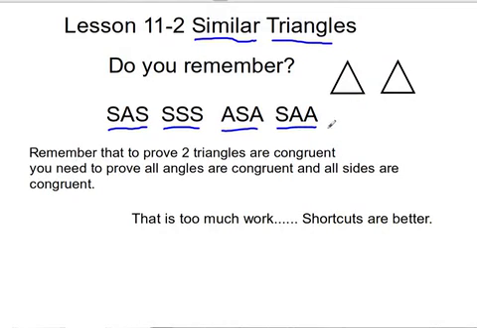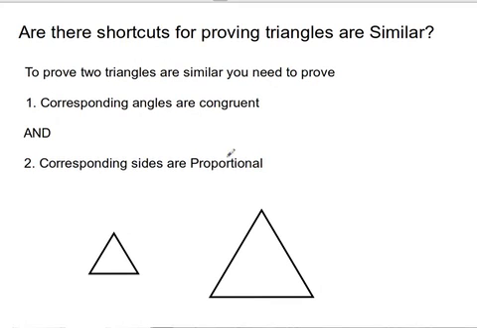So the same thing happens when we talk about similar triangles. Remember, to show that two triangles are similar, you would have to show that the sides are proportional and angles are congruent.